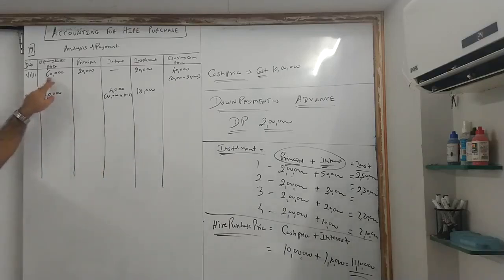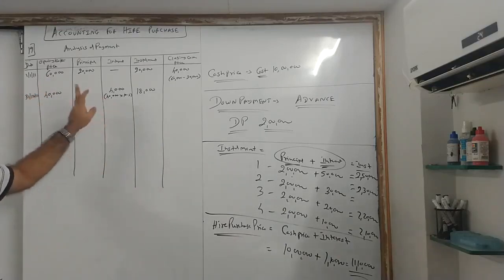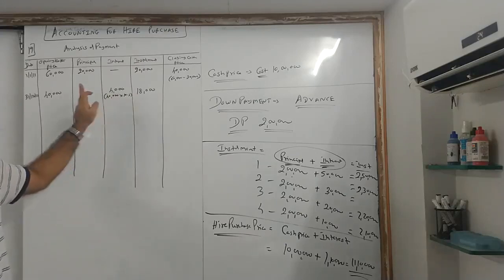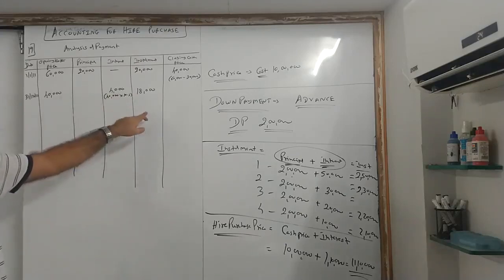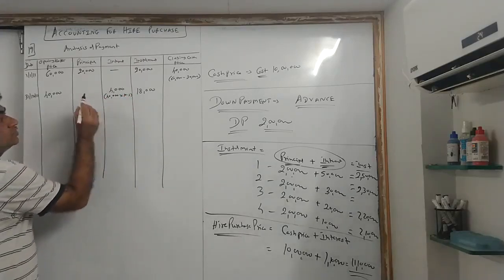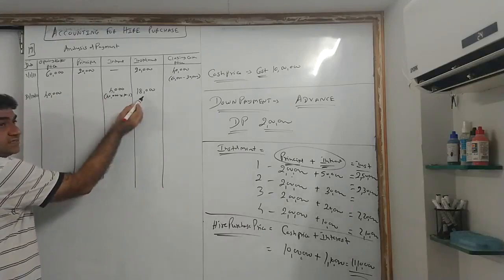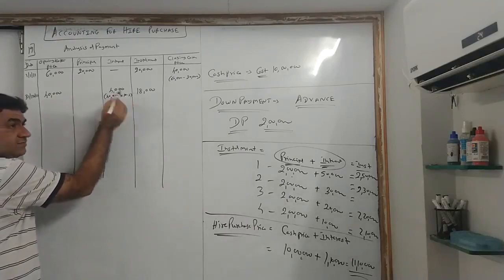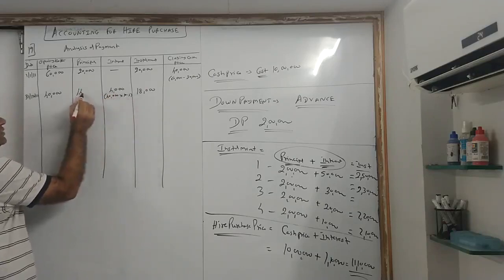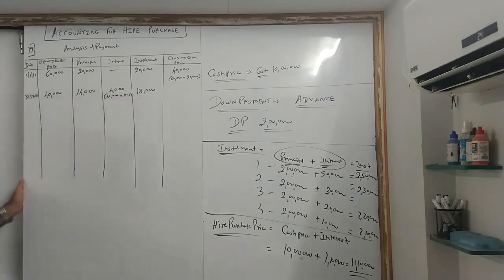Here interest did not come because you are making a down payment. Now see what I told you: principal plus interest is installment. So principal will be what? I know the installment, so if this plus this is this, this minus this will give me this. So 18 minus 4, my principal becomes 14,000.